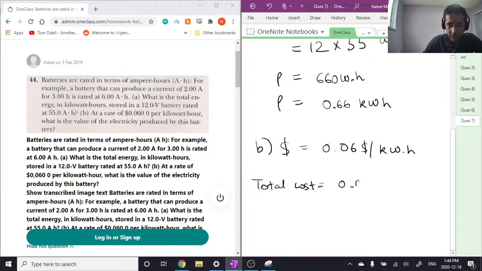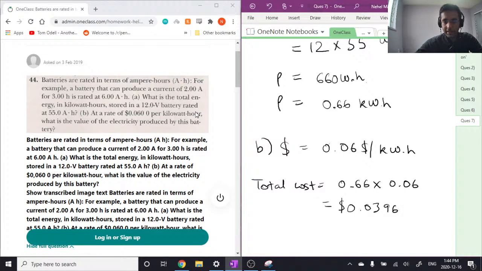So we get 0.66 times 0.06, which is equal to 0.0396. Since this is in kilowatt hours, those units cancel out, so this answer is correct. 0.0396. Okay, so fairly easy question.